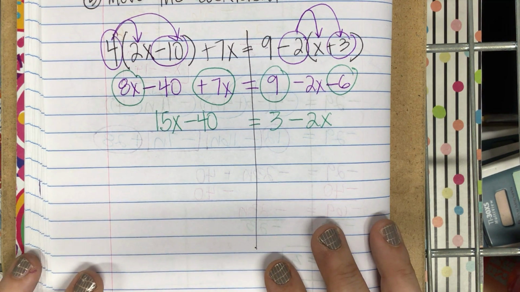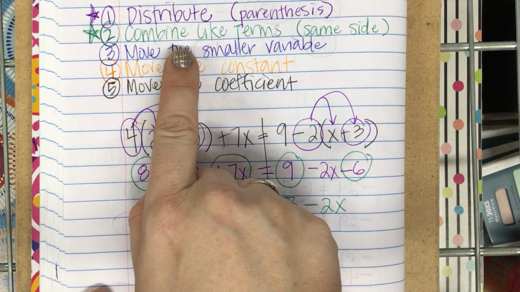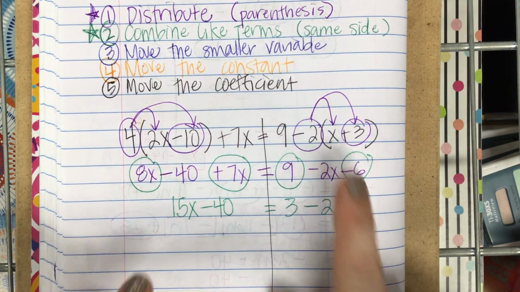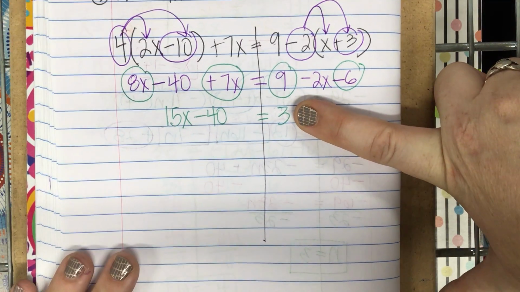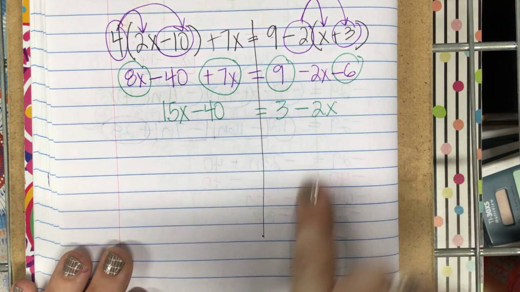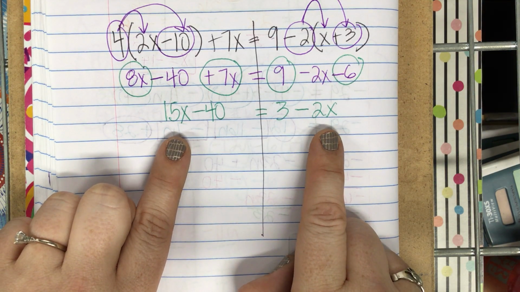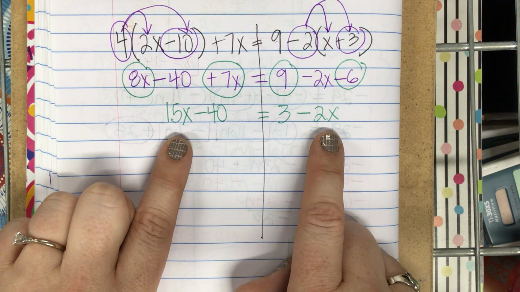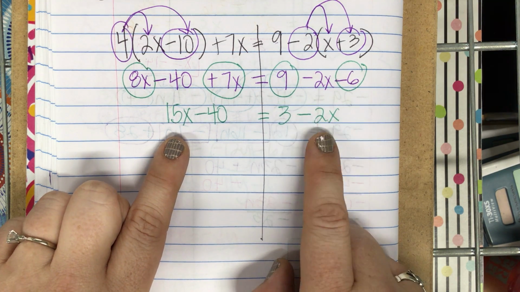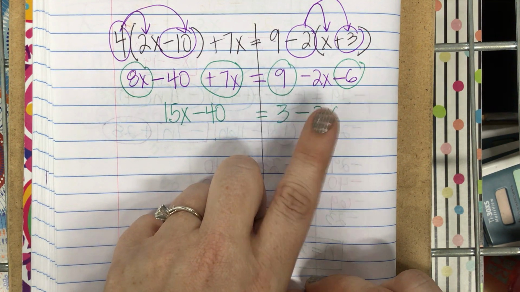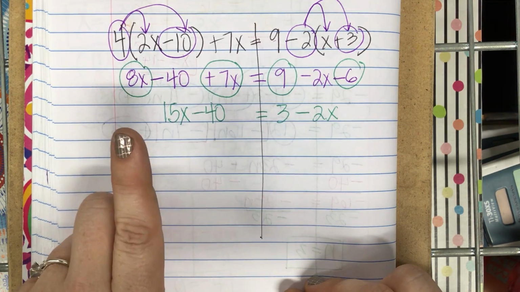Step number 3, move the smaller variable. And that's because if this problem looked like this, could you do it? Yes. However, I have this. I don't know which one's my constant, which one's my coefficient, because I have 2 variables, right? So I have to take my smaller variable, this guy, and move it over here.